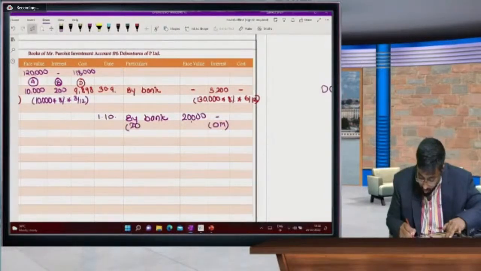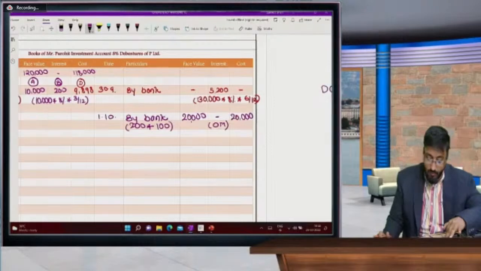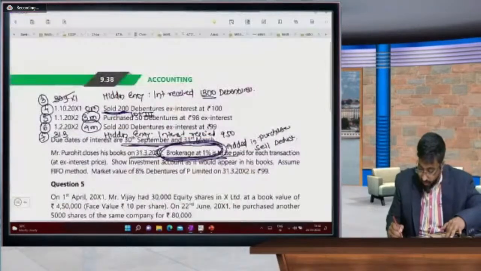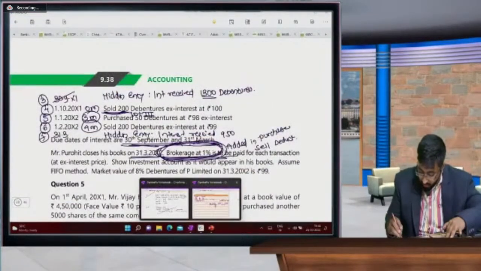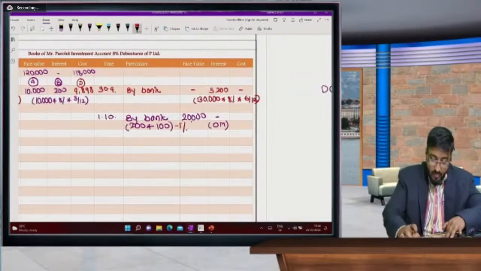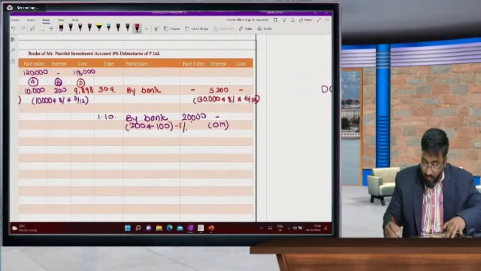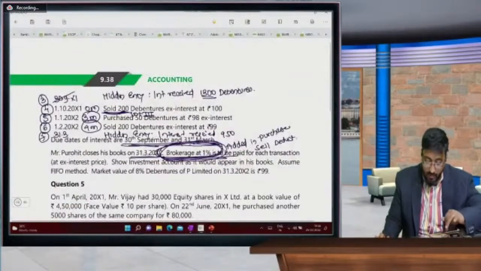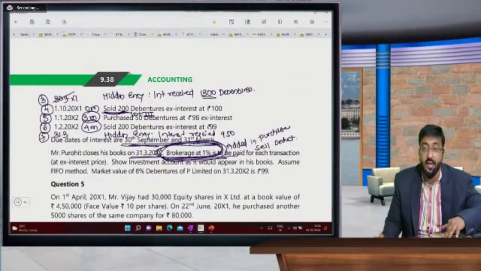Inner column, 200 into 100, 20,000. Minus cum interest or ex interest? Oh, sorry. I forgot to deduct brokerage. 19,800. I forgot to deduct brokerage, beta. I told you, in case of sales, deduct brokerage.